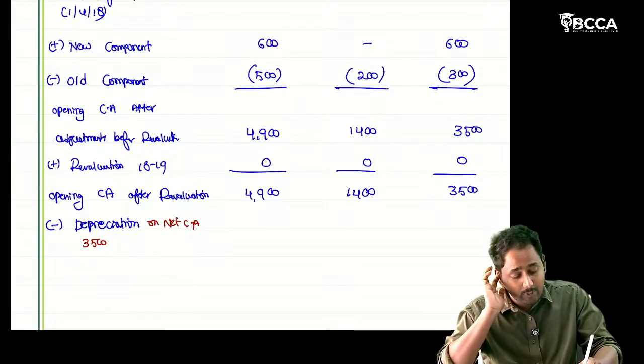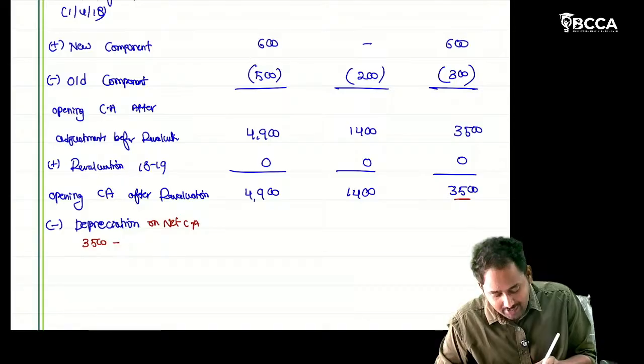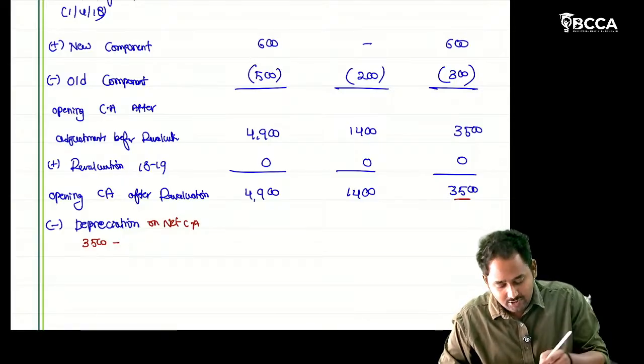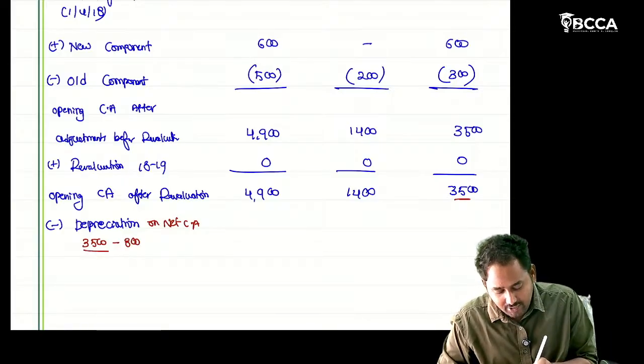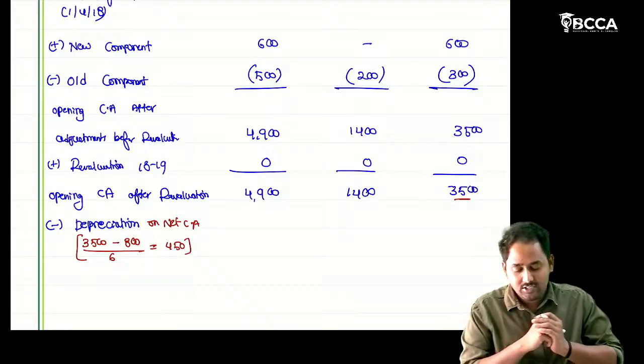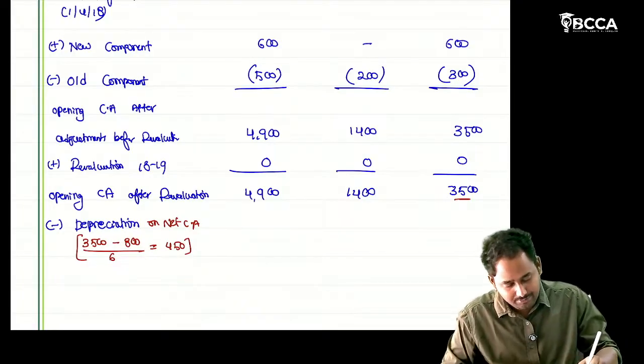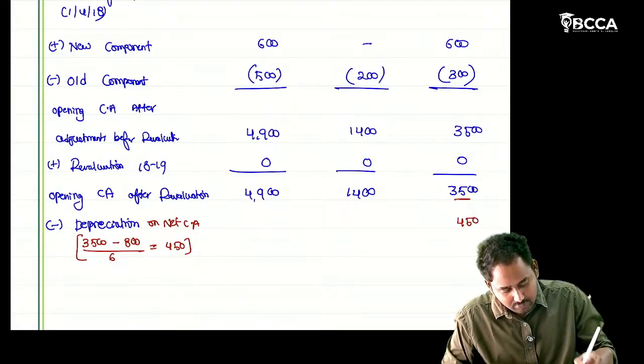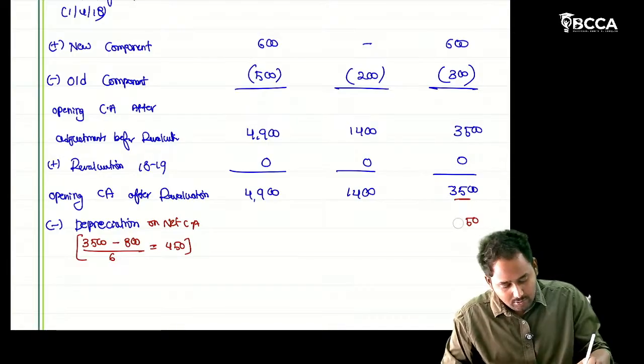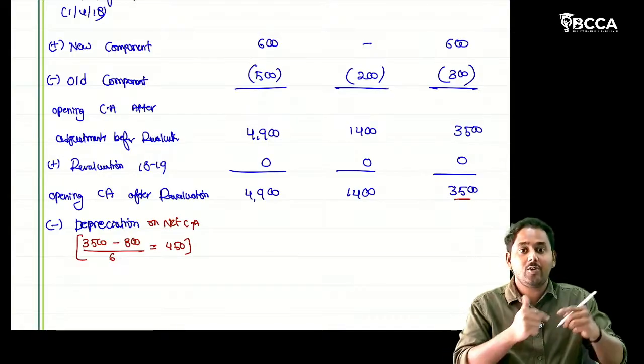What is the opening net carrying amount? 3,500 minus the residual value of 800, divided by the expected useful life of 6 years, is 450. So this is the depreciation on net carrying amount. It should be added to the accumulated depreciation.